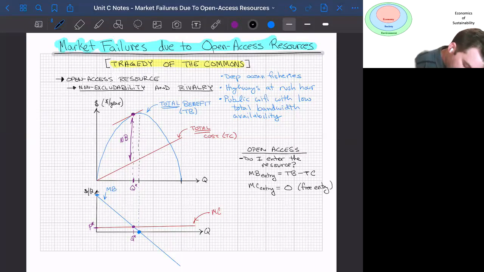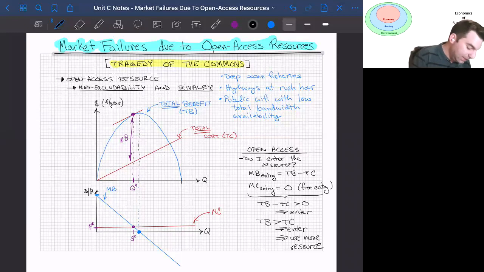So long as TB minus TC is greater than zero, then you enter. Or in other words, so long as TB is greater than TC, you enter and use more resource.